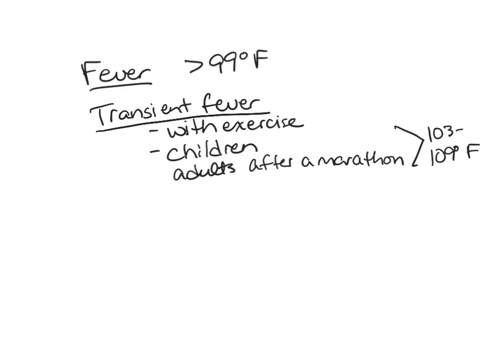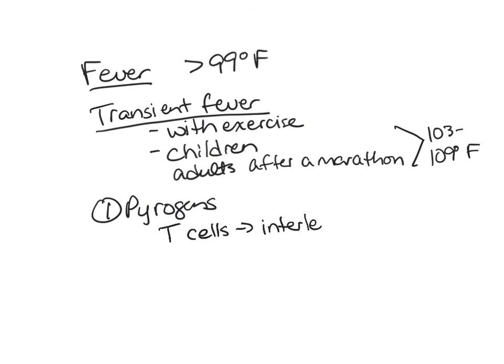But another type of fever can occur with pyrogens. When your body cells are fighting off an infection, your T cells will release interleukin-1. That's a cytokine, and that interleukin-1 is a pyrogen.